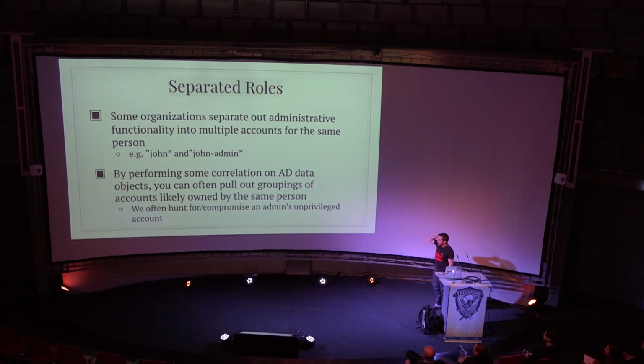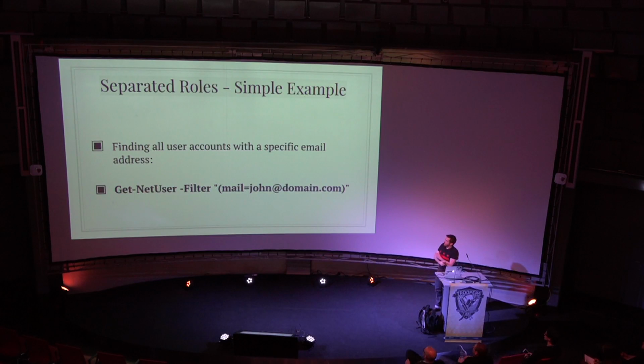So if we correlate some Active Directory data on some of these objects, you can pull out groupings of accounts that are likely owned by the same person. A really simple example is like John or John-admin. But on pen tests and red teams, we really like to hunt for an administrator's unprivileged workstation, compromise that, and then compromise their privileged credentials. So separated roles, kind of a simple example.